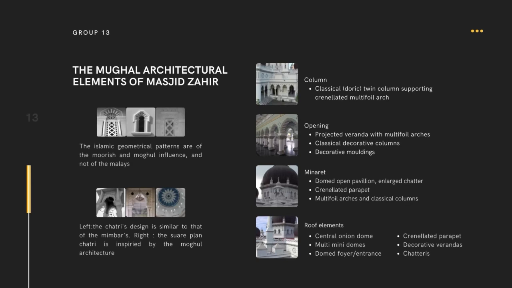Third, the minaret. Dome open pavilion and large shutter, crenellated parapet, and the multifoil arches and classical columns. Lastly, the roof elements: central onion dome, multi-mini domes, dome foyer entrance, crenellated parapet, decorative verandas, and lastly the chhatris.